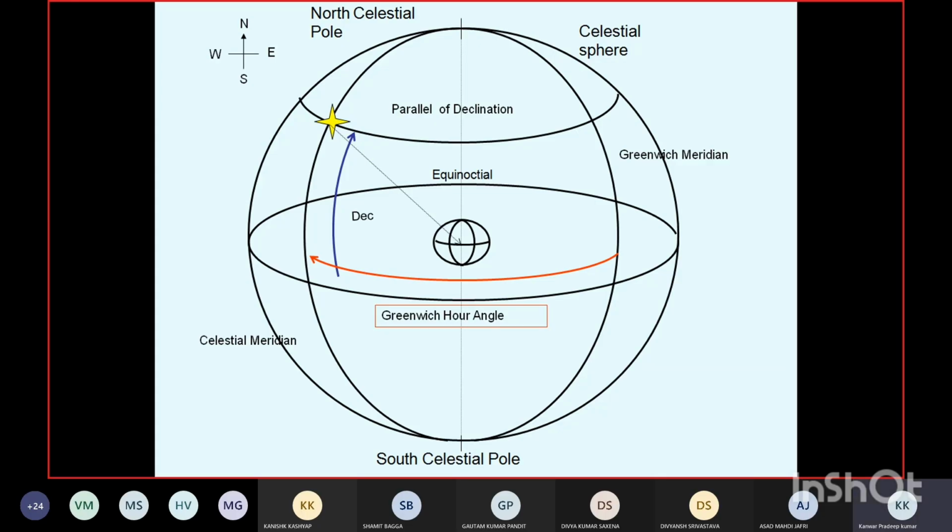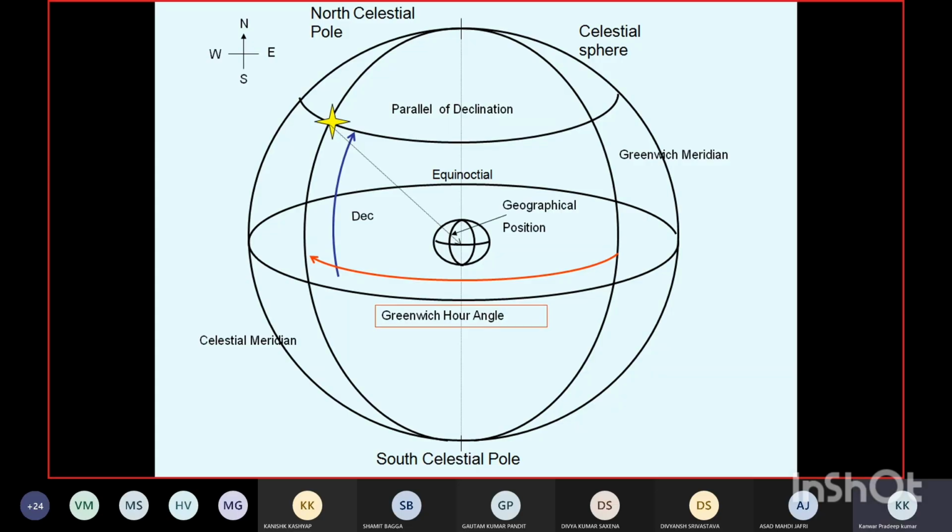If I draw a line from the star to the center of the earth, it will enter the earth at that point where that thin arrow line is. As you rightly said earlier, it is the geographical position of the body, which will match with the latitude and the longitude.